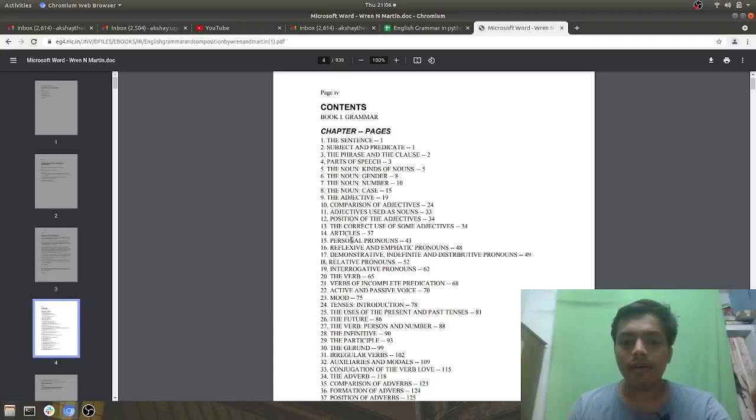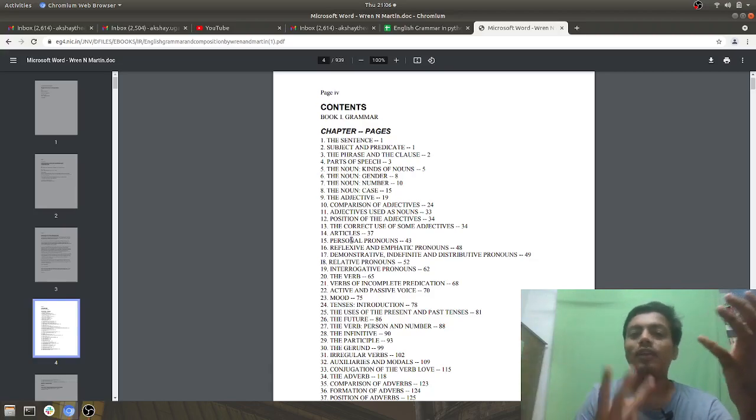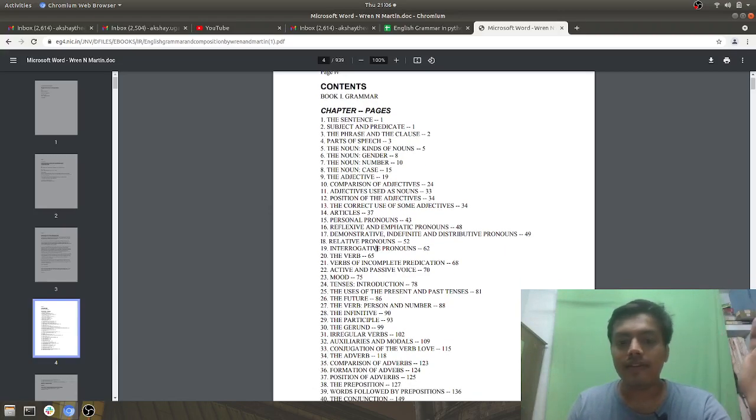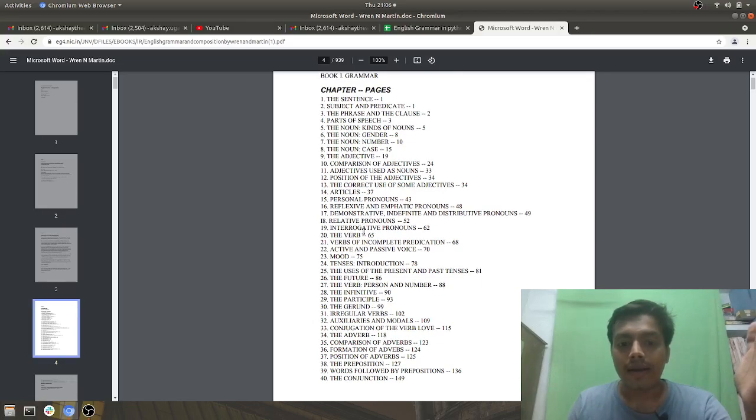Same, very easy. There's no need of a POS tag, there are only three articles: a, an, and the. So it's very simple. Same with pronouns also. And let's go to verbs now. Simple verbs can be identified using POS tags.